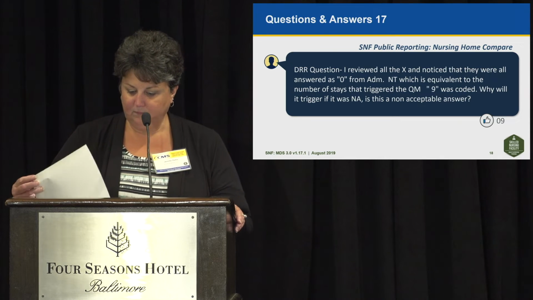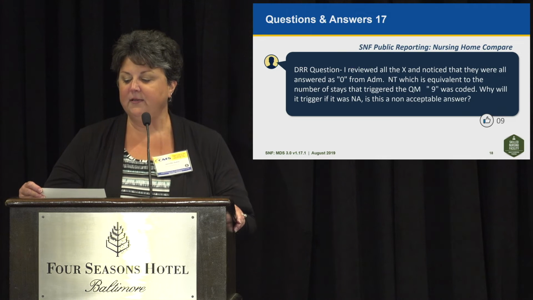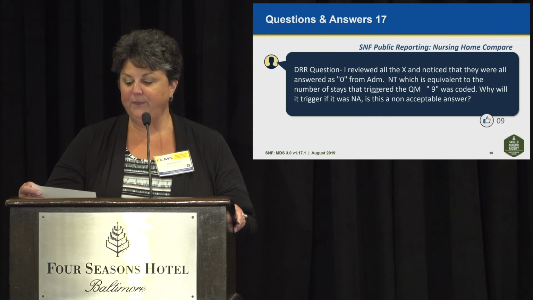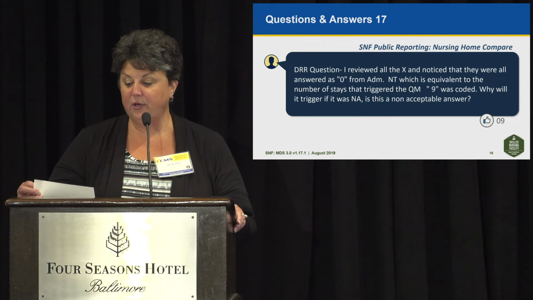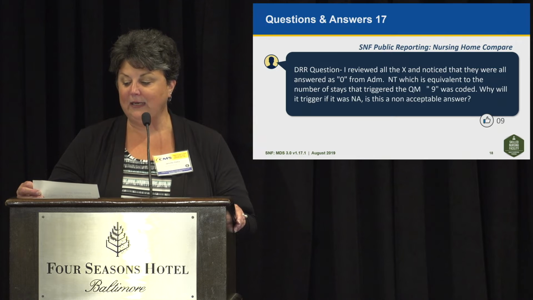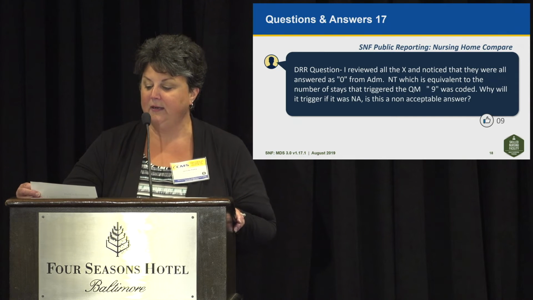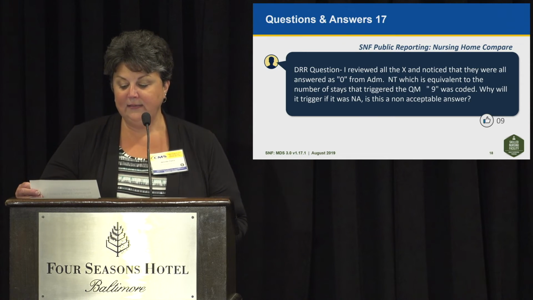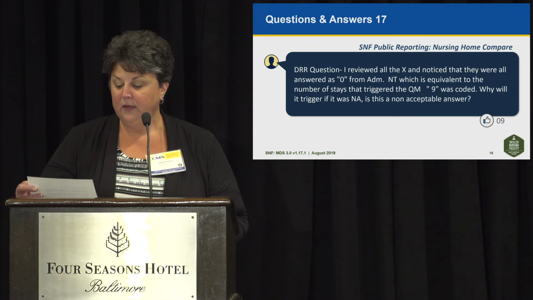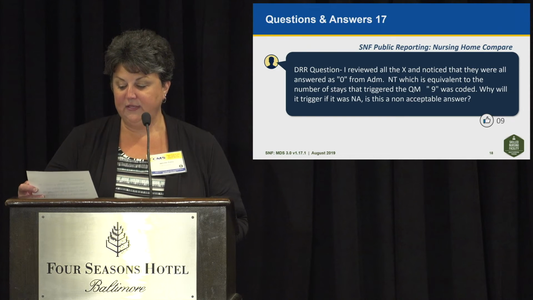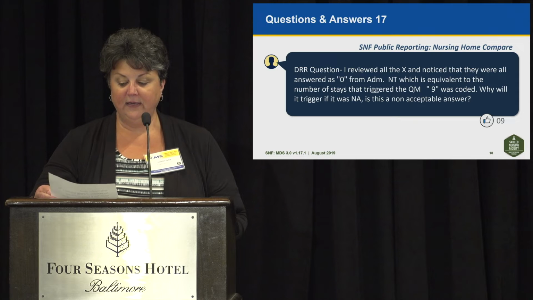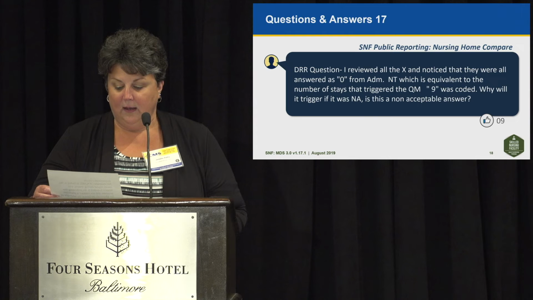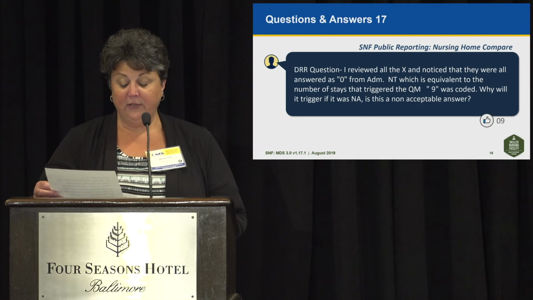For example, if N2001 is coded 1, yes, issues found during review, and N2002 is coded no, indicating the provider did not contact a physician or their designee by midnight the next calendar day and complete the actions, and N2005 is coded no, meaning all identified potential or actual clinically significant medication issues were not completed by midnight of the next day, then the stay would not be included in the numerator.